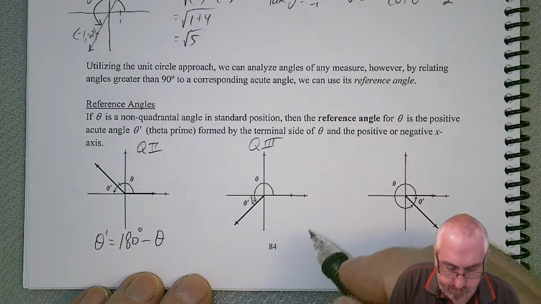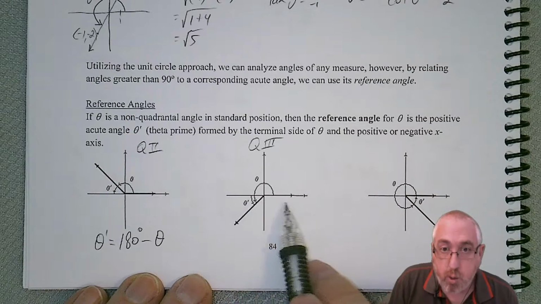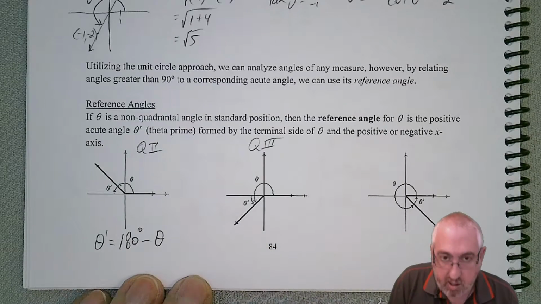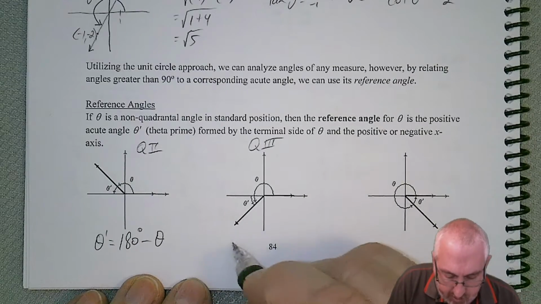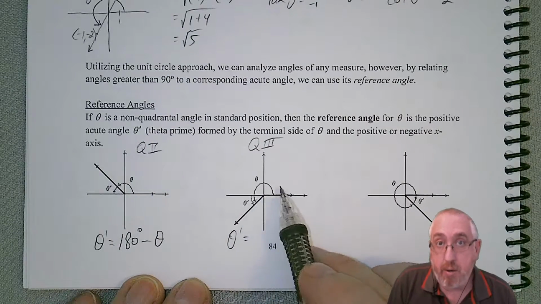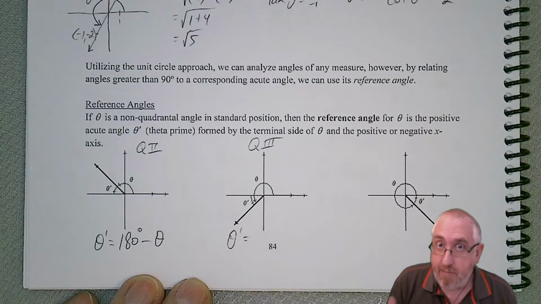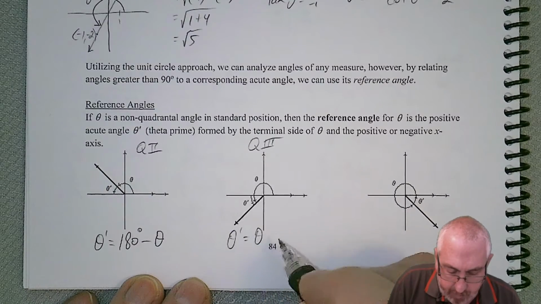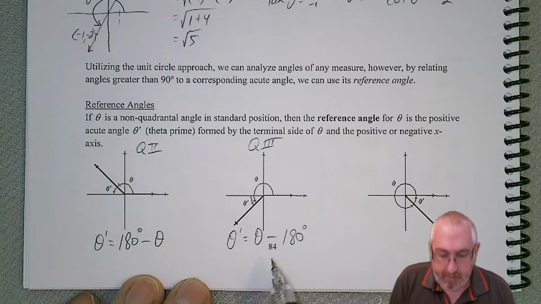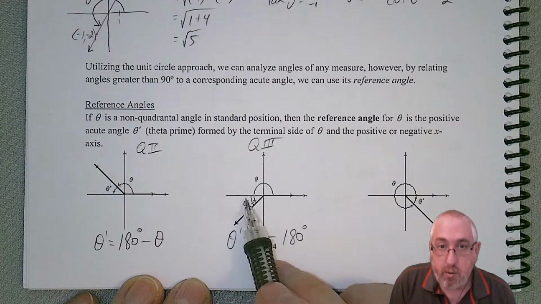Well, we still can use this 180 degrees to our advantage, but it's going to look a little different than our previous case, because now theta is bigger than 180 degrees, so we want that first.